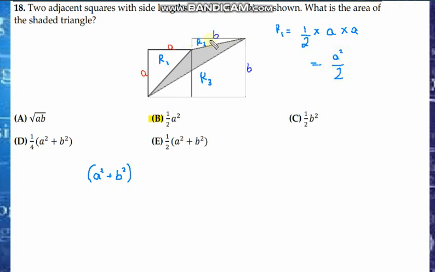So for region 2, our area R2 equals half multiplied by the base here, which would be B, and let's find out the height.